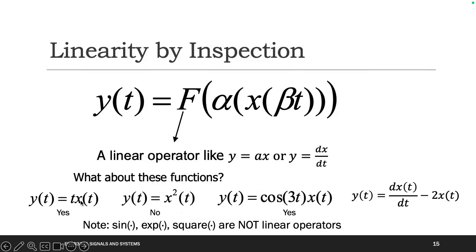For example, this one you just multiply by time, am I right? Actually, this is a linear operation. But here, if you multiply the same signal, it is a nonlinear operation, am I right? And here you just multiply a linear function. Here also, am I right?